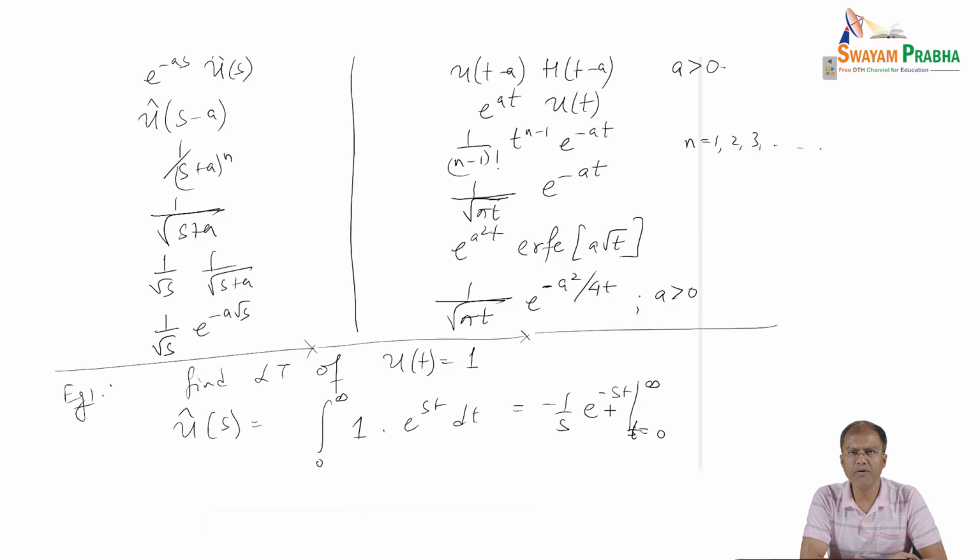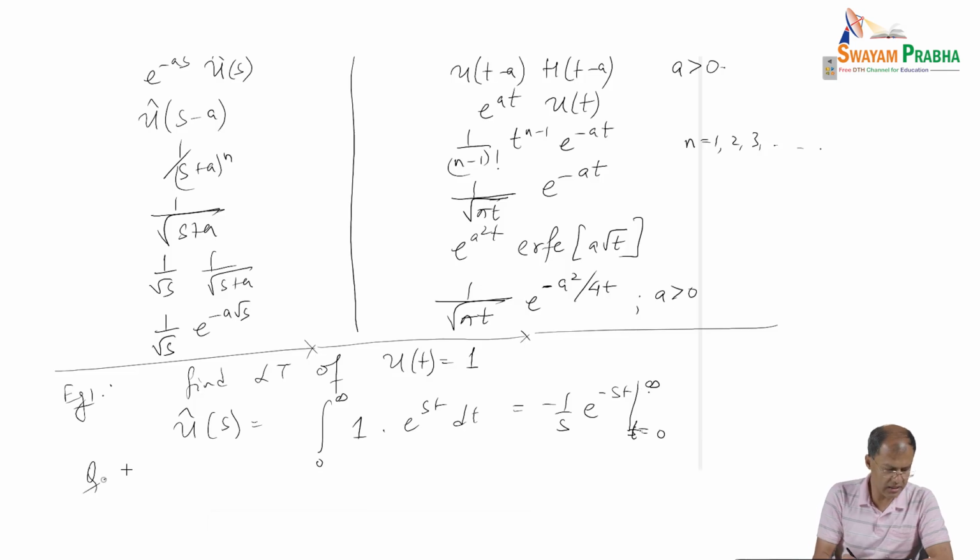Now, here we make a small stop and ask what happens when we evaluate these limits, especially the limit at t equal to infinity. So the question is, what is the limiting value of e to the power minus st as t goes to infinity?